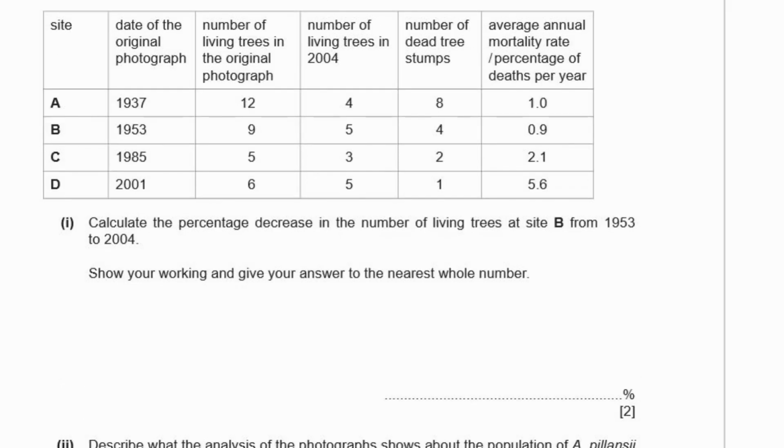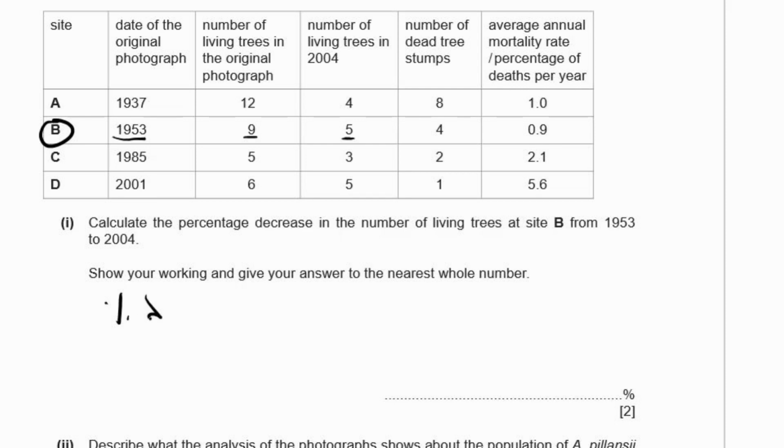1. Calculate the percentage decrease in the number of living trees at Site B from 1953 to 2004. Okay, so we're looking at Site B, at how many trees there were in 1953 and how many trees there were in 2004.